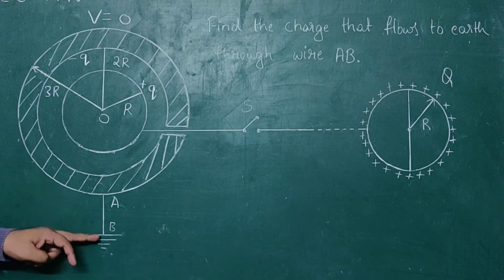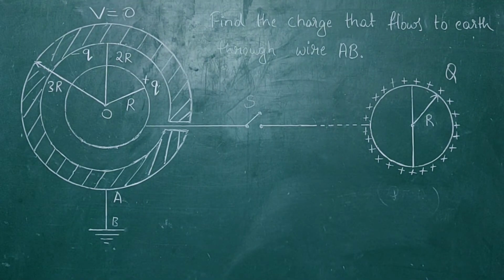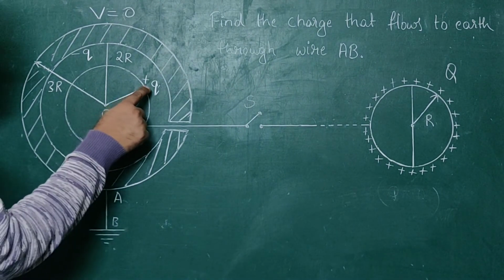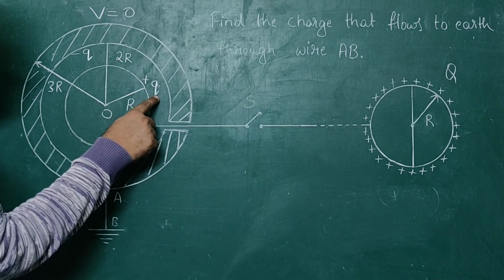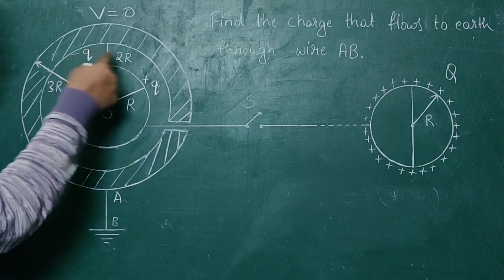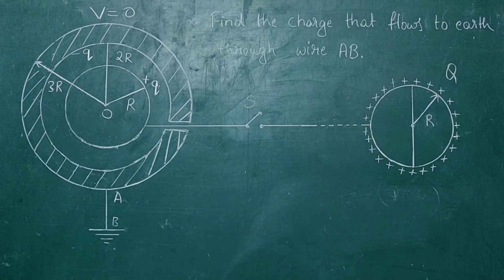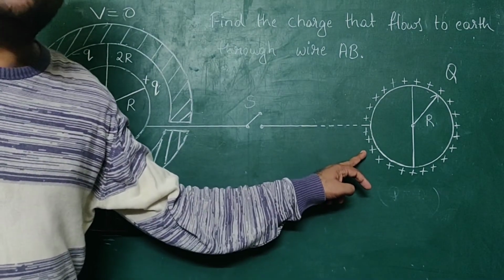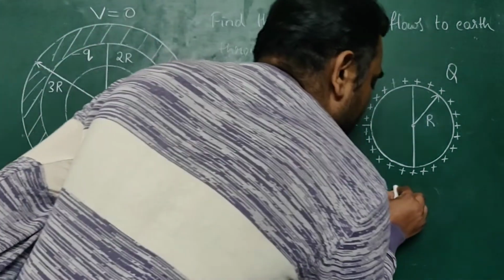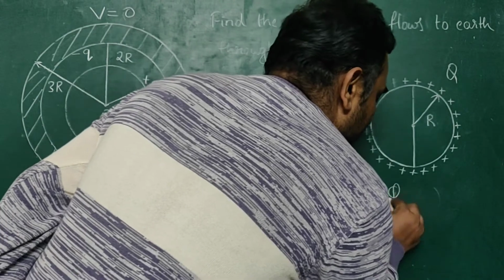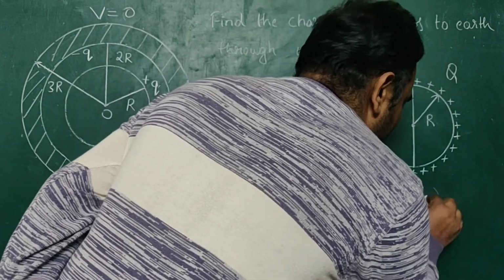Now, if q is the charge on the surface of the inner sphere, what is the charge left on the outer sphere? The charge left on the outer sphere is given by capital Q minus small q.